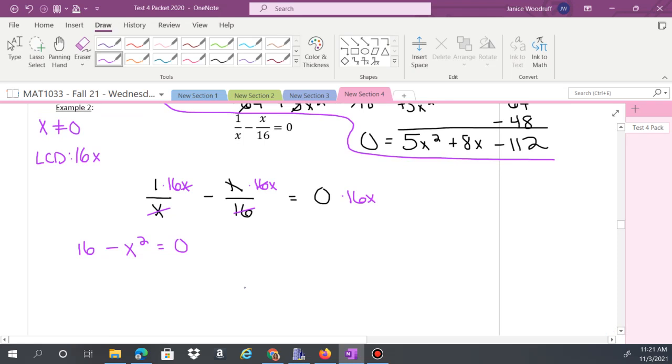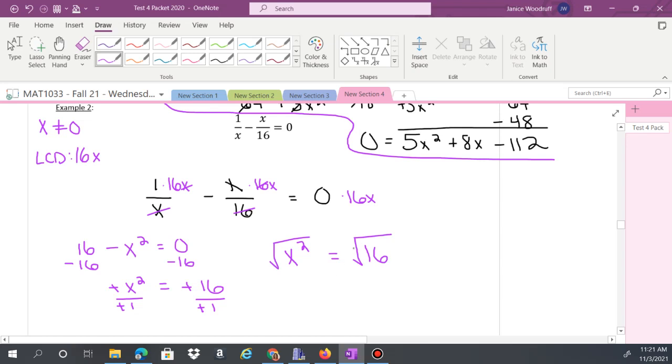So I could factor this, or I could just go ahead and solve this. I could subtract a 16 from both sides, get negative x squared equals negative 16, divide by negative 1. That will give me a positive x squared equals positive 16, and then take the square root.